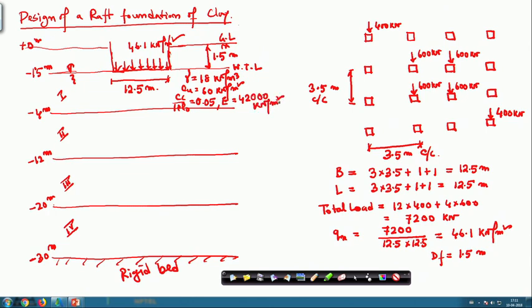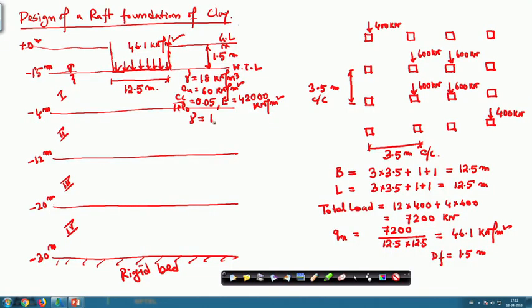If the E value is not given, then for a normally consolidated soil, a reasonable value is between 700 to 1000 times Cu. That I have used in the previous problems.